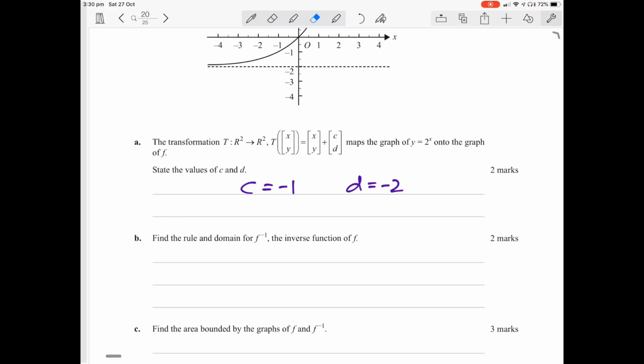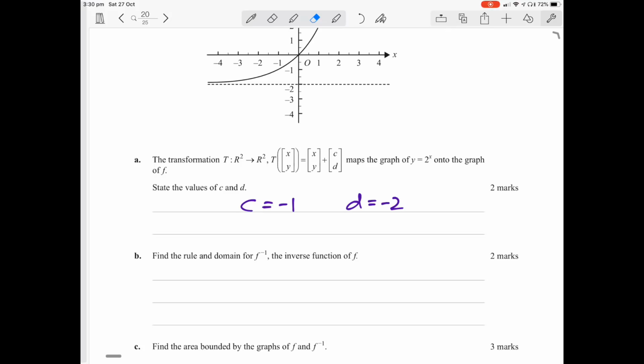Okay, find the rule and domain for f inverse of x, the inverse function of f of x.